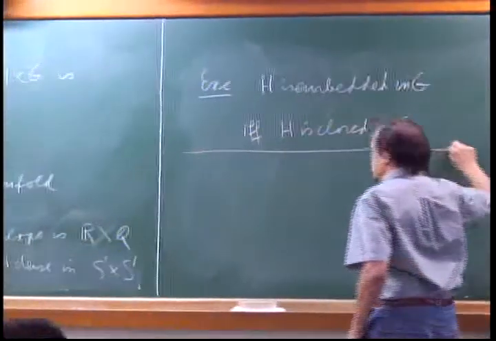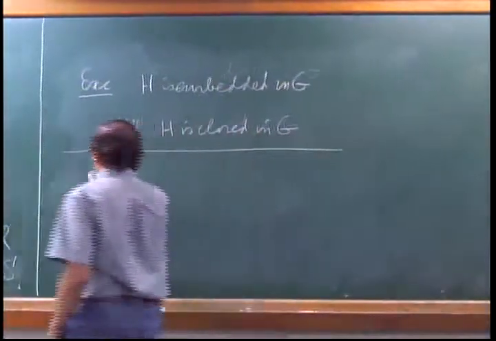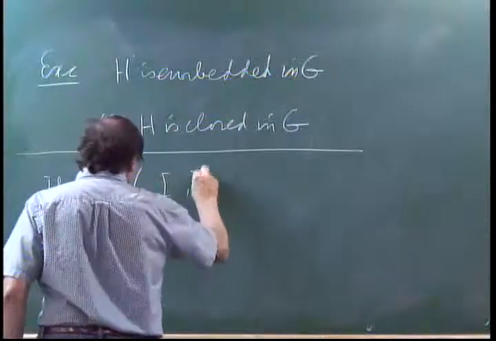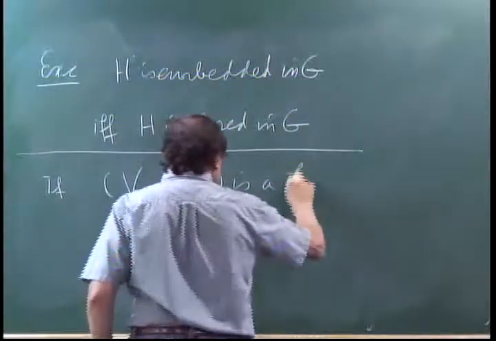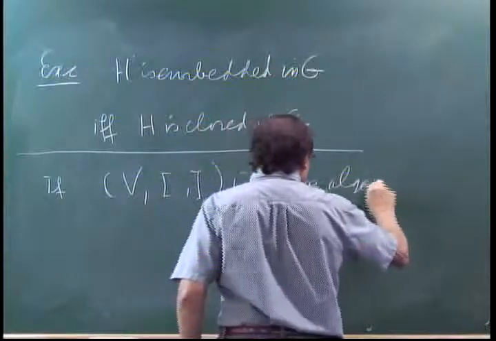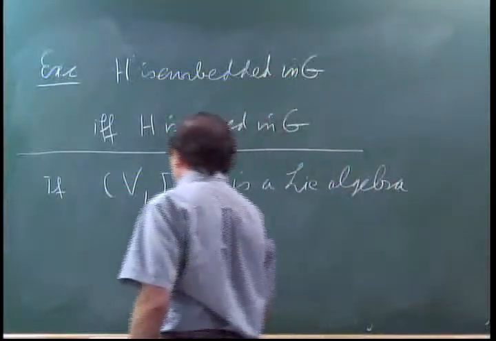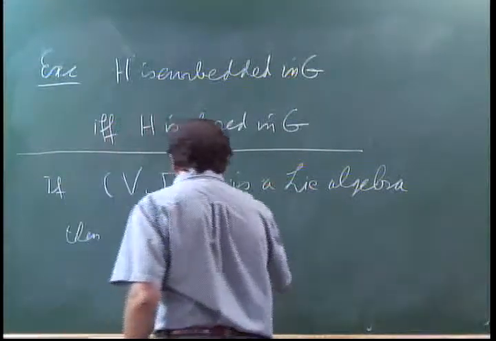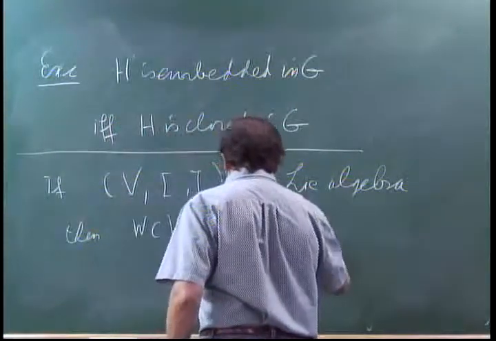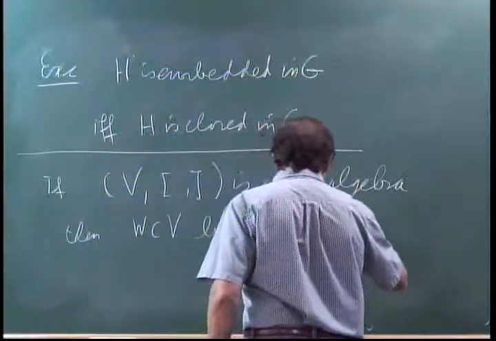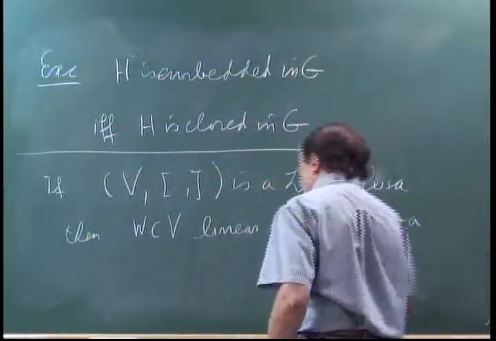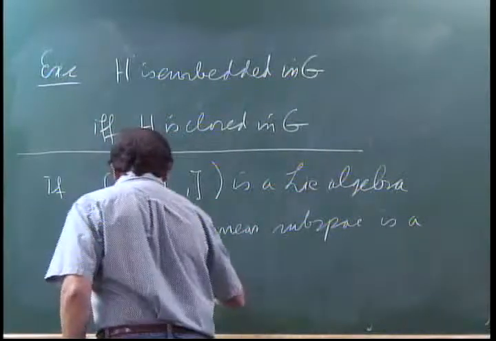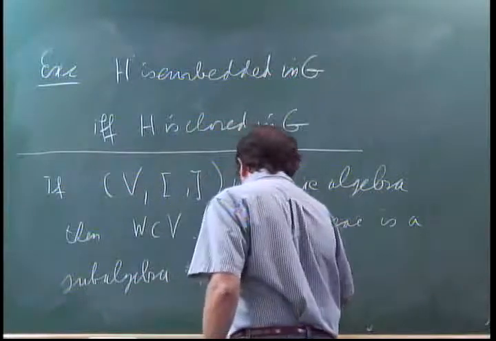Then in a similar fashion, I can define a Lie subalgebra. So if V with bracket is a Lie algebra, then a linear subspace is a subalgebra if brackets stay in it.